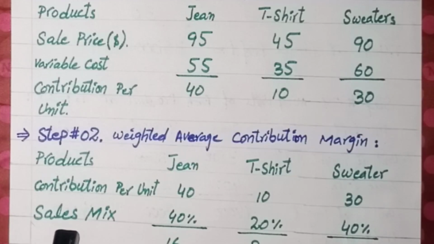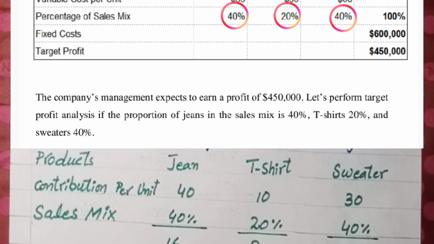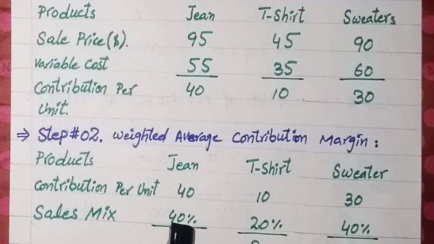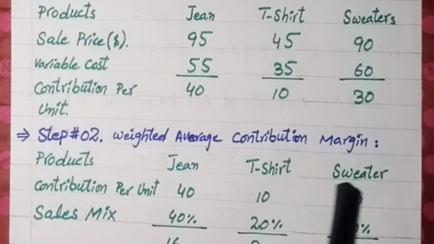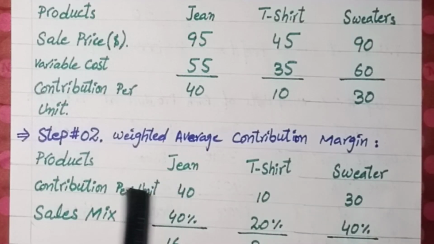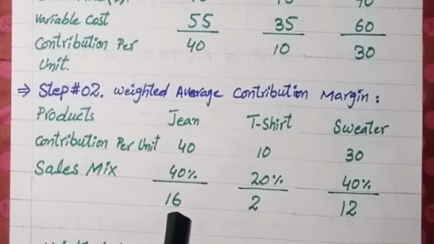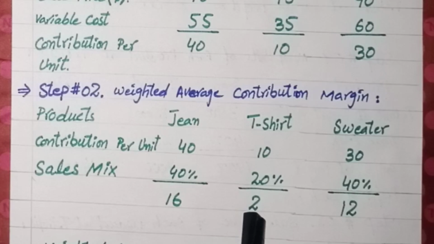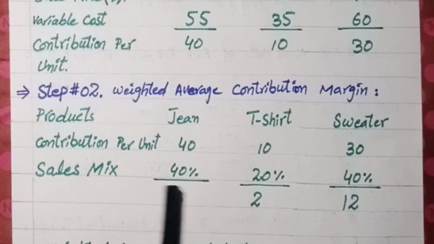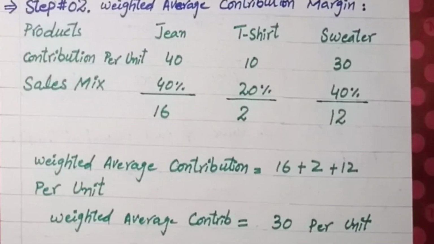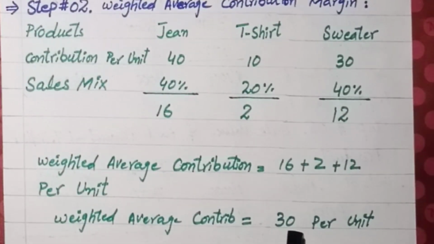As sale mix percentage is given to us for each product, we take this percentage of contribution margin per unit and find the weighted average contribution margin for each product: for the first product 16, for the second 2, and for the third 12. Next, we add up all these three values and calculate the weighted average contribution margin, which is 30 per unit.